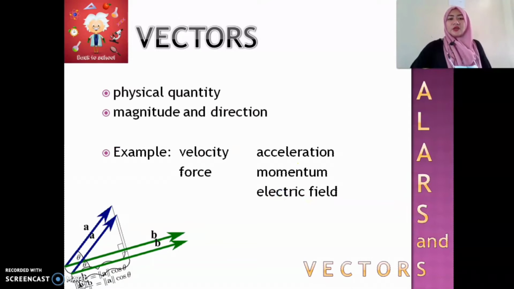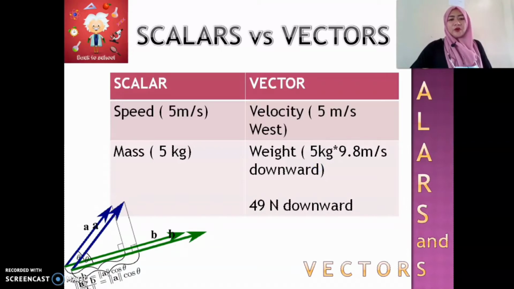On the other hand, when you say vector quantity, these are physical quantities of a measurement which describes magnitude and its direction. For example, when you are asked to describe the velocity of an object, you would say its magnitude and its direction. In this case, a car moving 5 meters per second to the west is a vector quantity because it includes its direction.